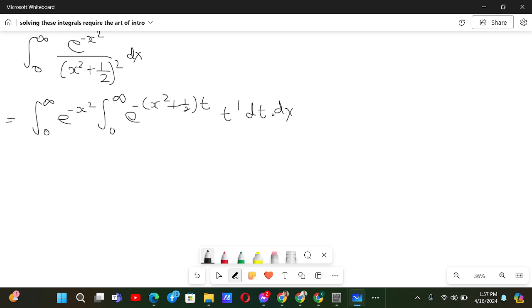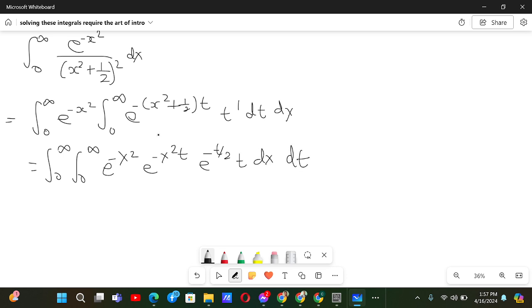Of course, the next step is to interchange the integrals after taking the constant outside. So integral from 0 to infinity, integral from 0 to infinity of e to the power minus x square, e to the power minus x square t, e to the power minus t by 2, t, and then dx dt.